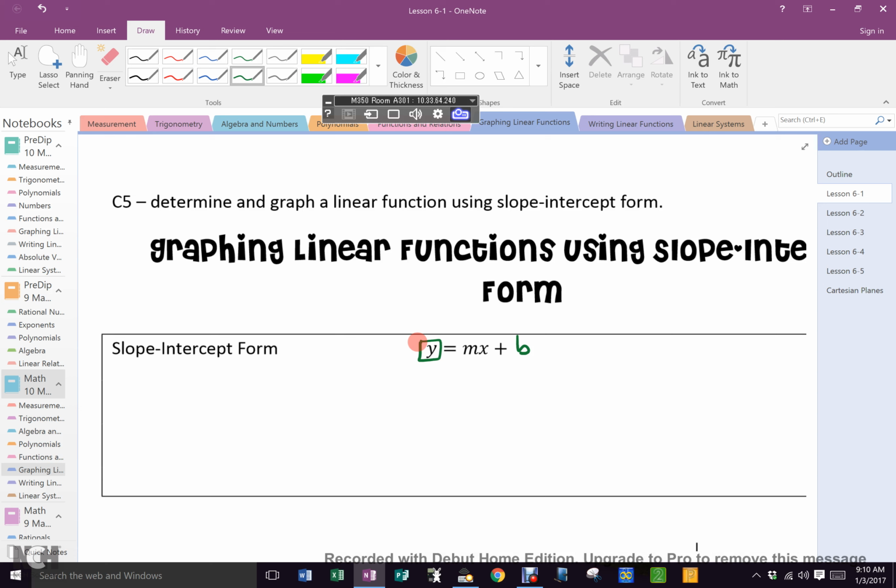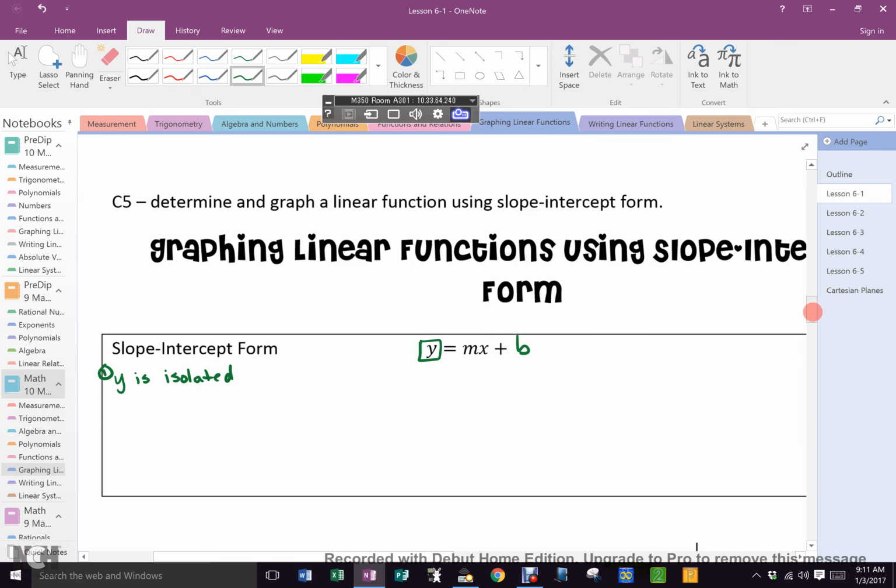What else would you describe about that y? You don't know what it is. Excellent. What else can you say about that y? Y equals. Y is isolated. Is everybody cool with that? Okay. So, y is isolated. That's one thing you could say about this form, yes?